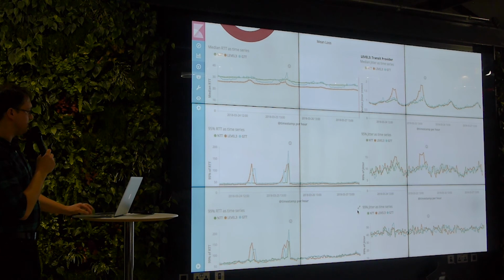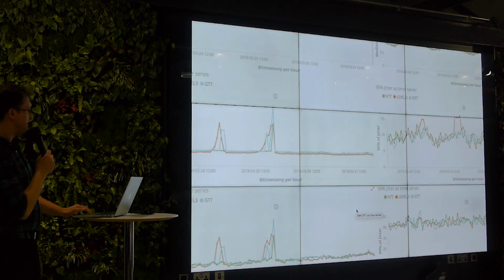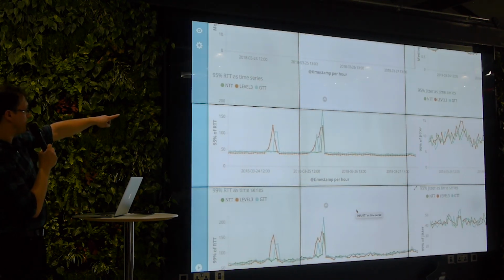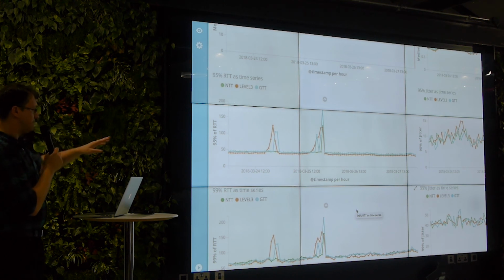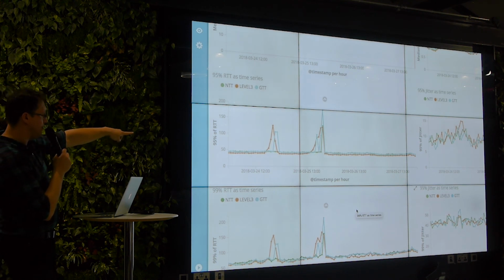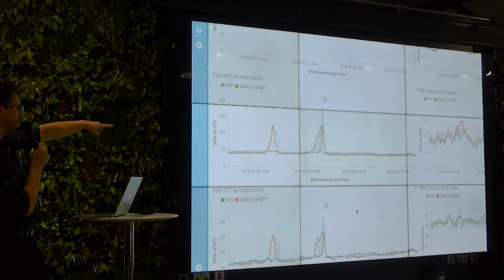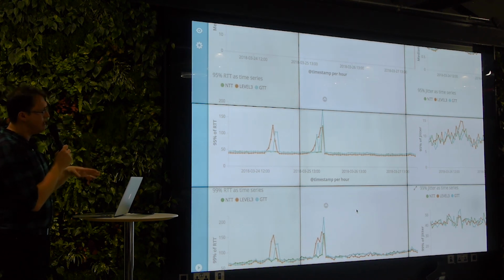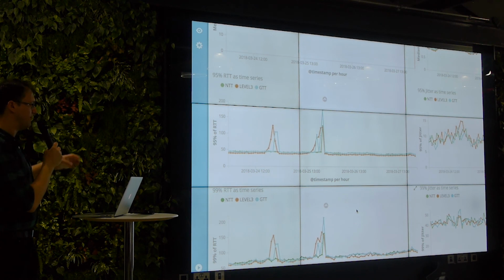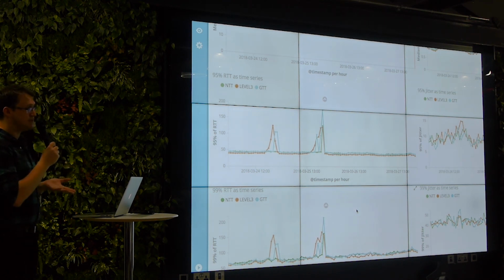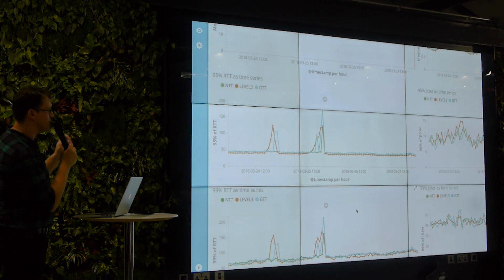And when you look at the round trip time for the 95th percentile, most entities stay fine, but GTT and Level 3 have some problems for this ISP. If you look at other ISPs, all of them behave differently. So that gives us granularity at the ISP level, or time, or even your location.